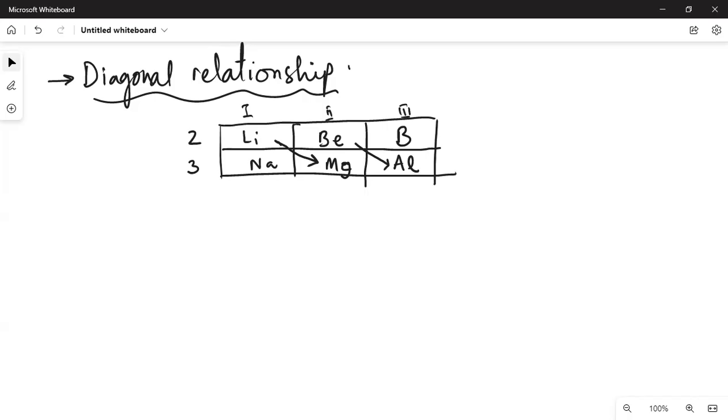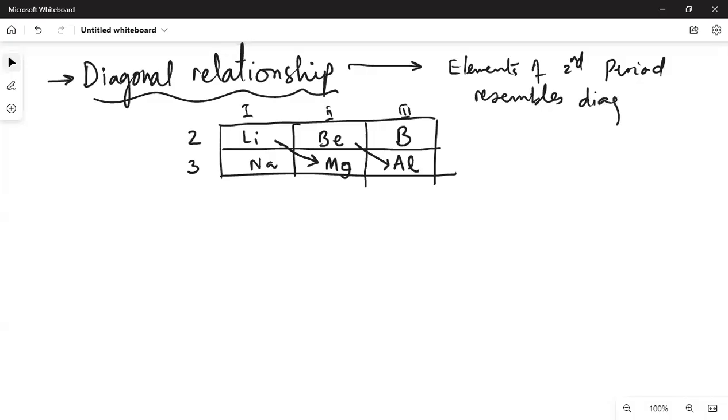So let me write down the definition for diagonal relationship. That is, the elements of second period resemble diagonally with elements of third period, and because they're linked diagonally, we call it diagonal relationship.